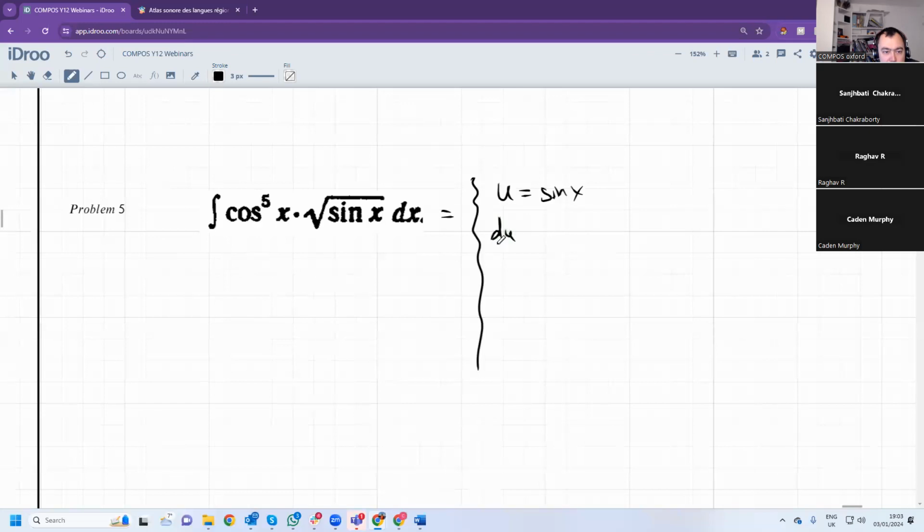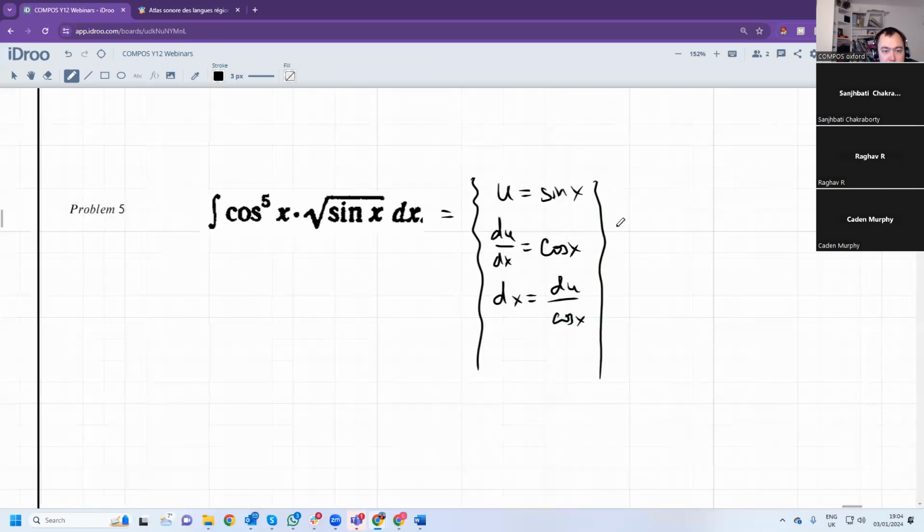So du dx, the derivative, is cos x. So that means dx can be expressed as du over cos x.